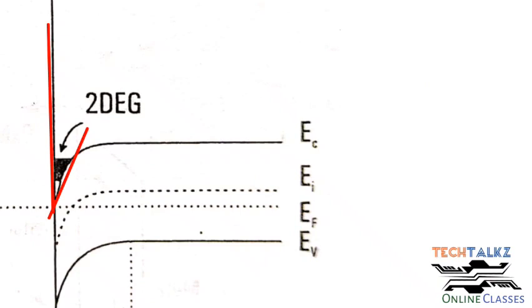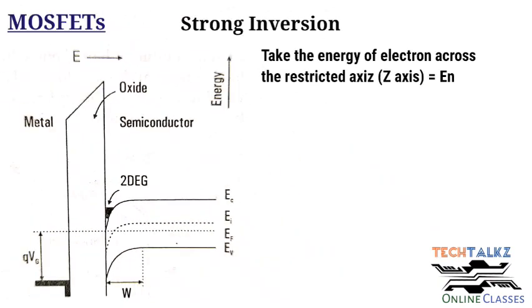We have already seen this triangular well in the first module. Anyway, since the electrons are trapped in this well, the possible energy of the electrons due to the electric field applied can be taken as E_n. That is the energy of electron across the Z axis. Here we have taken the movement of electrons across this Z axis as restricted. Since it is a 2D system, the movement across the other two axes, that is movement across X and Y, is not restricted, free movement.